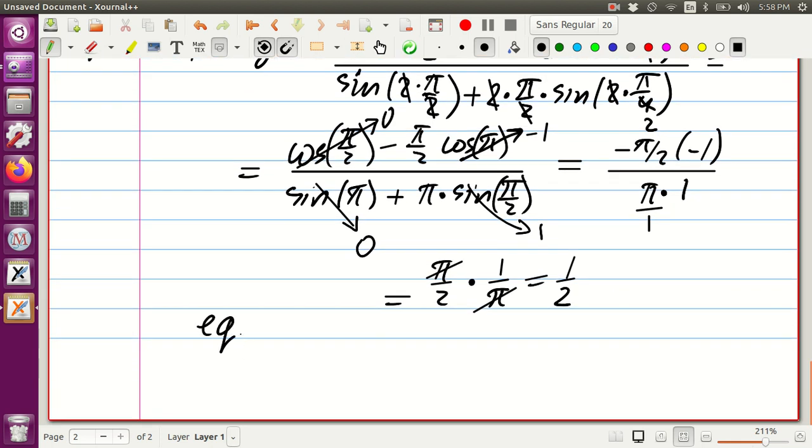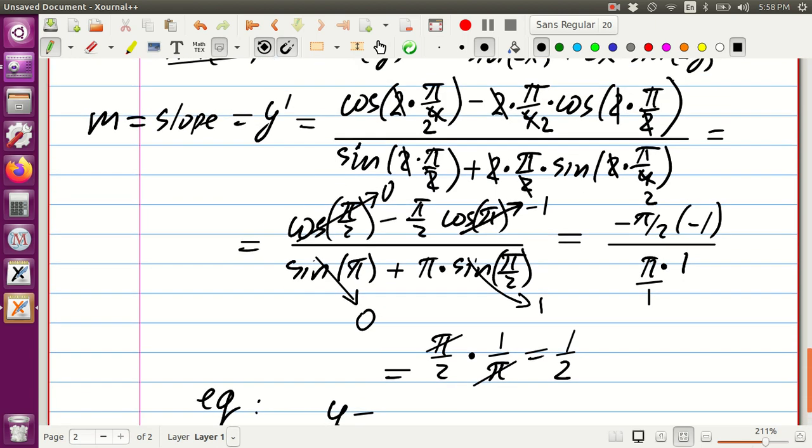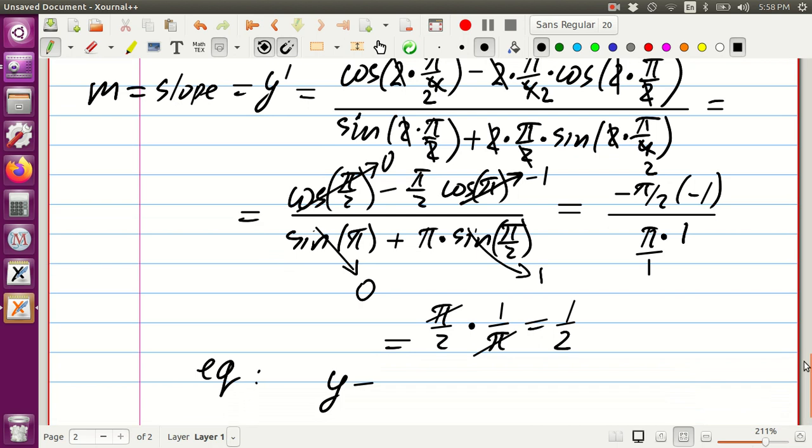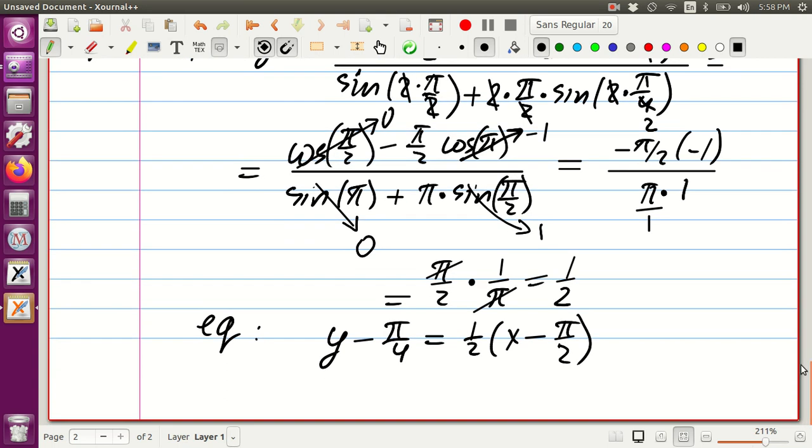Finally, the equation would be y minus pi over 4 equals 1/2 times x minus pi over 2. Alright, so we used the point-slope equation of the line.